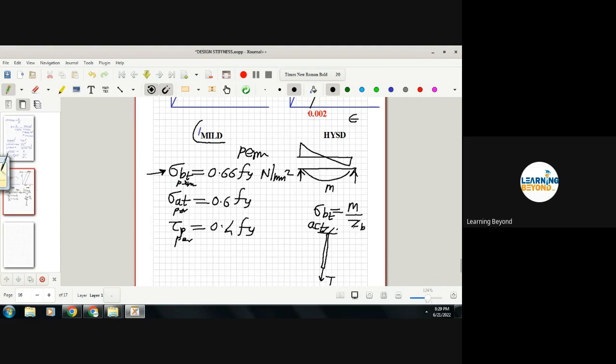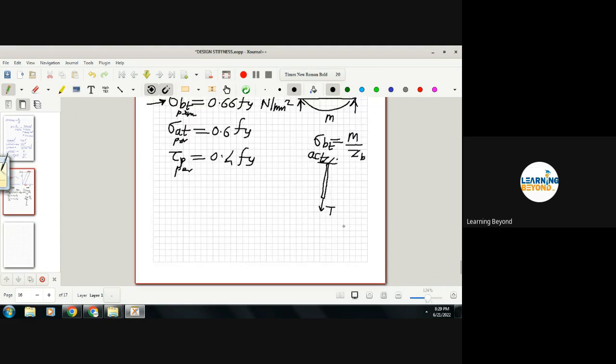M upon Z is the actual bending stress. Then T upon A is what? Sigma A T actual. What will come? Axial stress, T upon A, where A is the area of the rod. And what will be the actual shear stress?